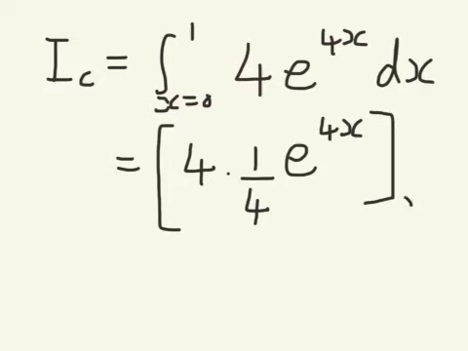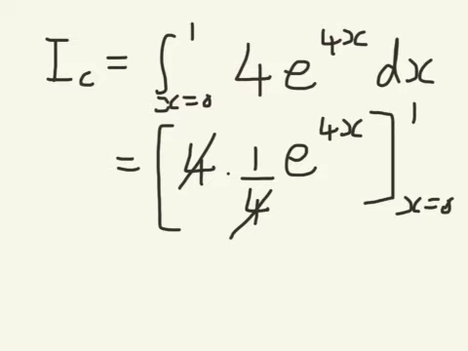And again, that will still have the limits on it, x equals 0 to 1 in this case. So these two constants will cancel out with each other, and we'll just be left with e to the 4x between the two limits. Okay, so we've seen what's happened when we actually put a numerical value to y.